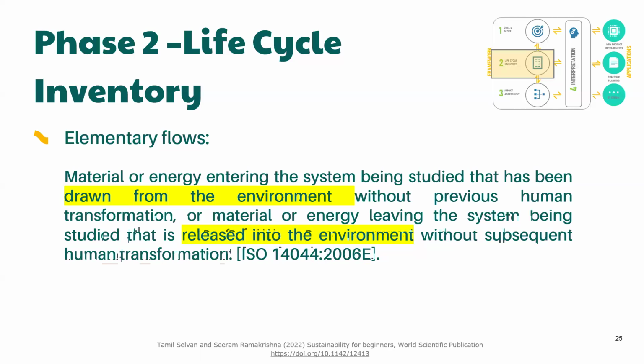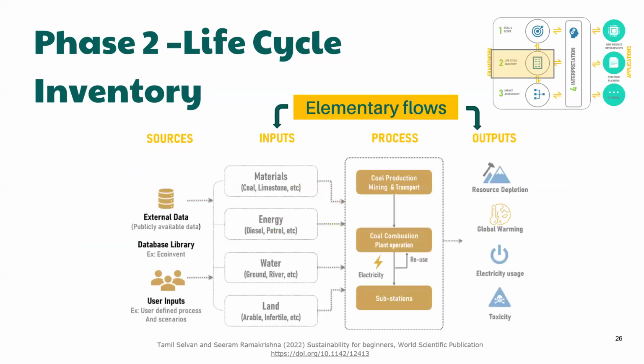The fundamental concept is that when conducting an LCA study of a product system, you extract energy or materials from the environment, process them, convert them into a product, and release waste or byproduct into the environment as output flows. So basically, what you have to understand here is the input flows and output flows in detail. I have given a clear representation of elementary flow in this picture.